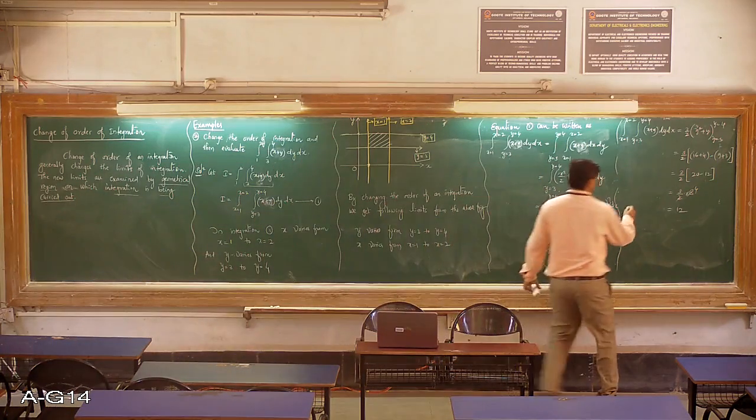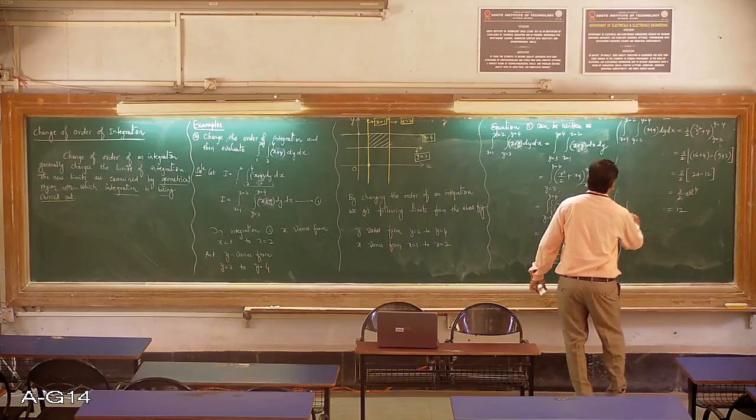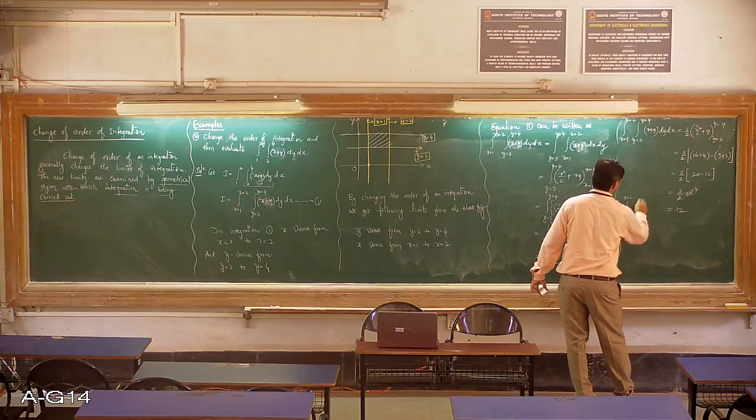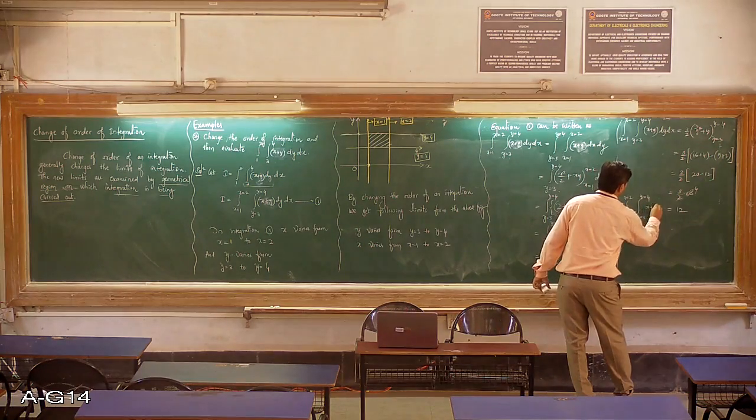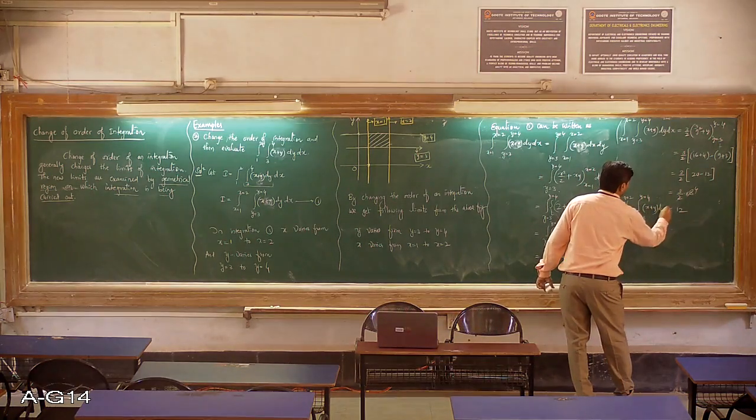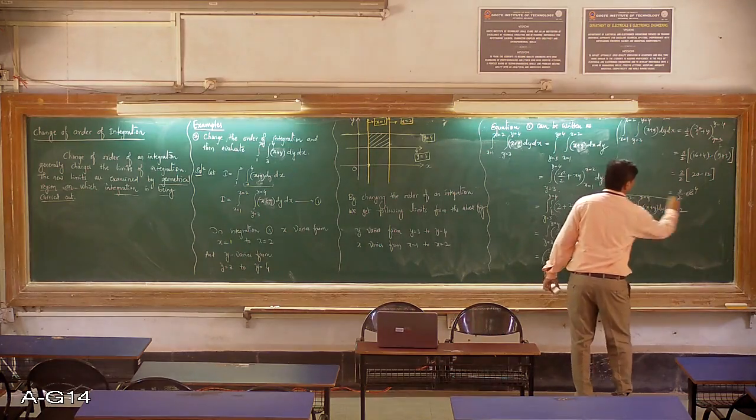So integration x equals 1 to x equals 2, integration y equals 3 to y equals 4, x plus y, dy dx. So this is the final answer.